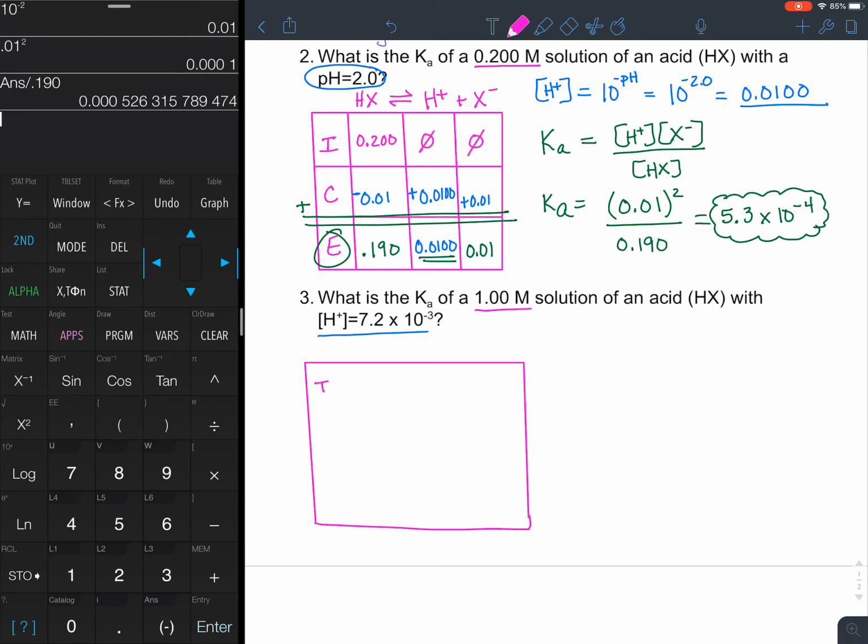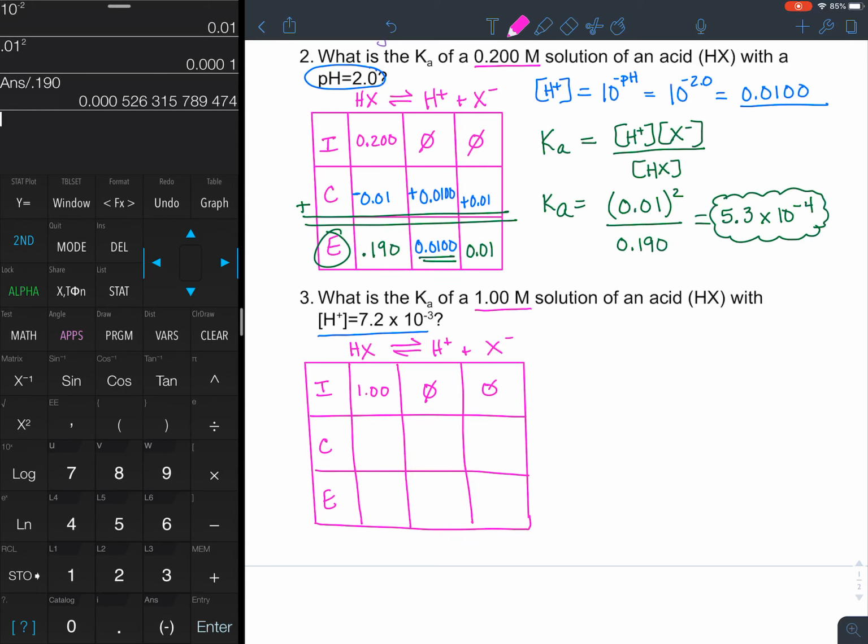So let's go ahead and write out our ice table. Okay, so our I, C, E, HX, H plus, and X minus. And this is really just a problem-solving organizational tool. So we know that we start off with 1.00, because that was the value we were given.